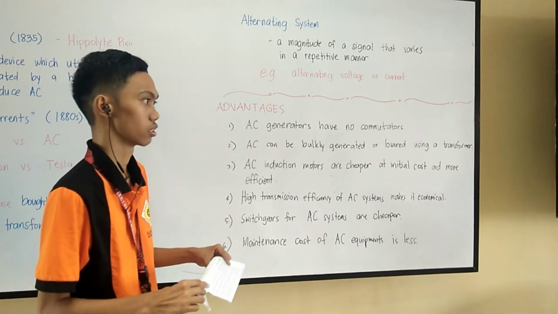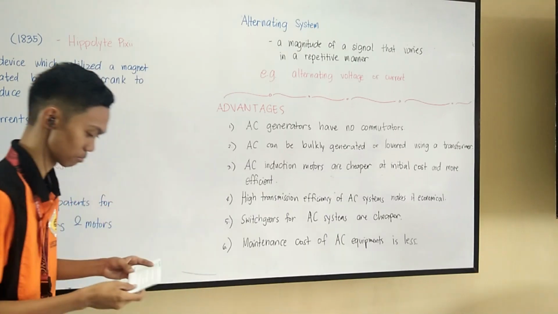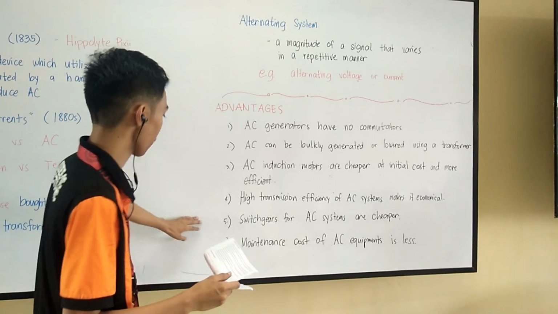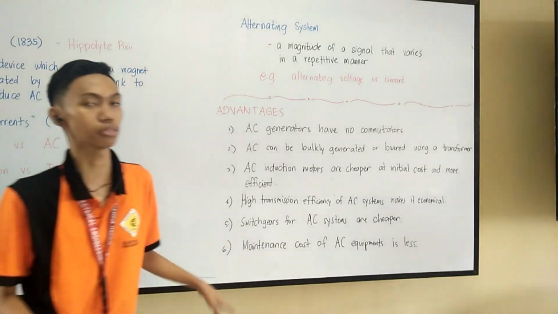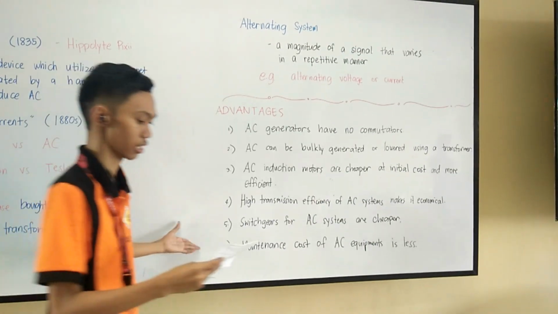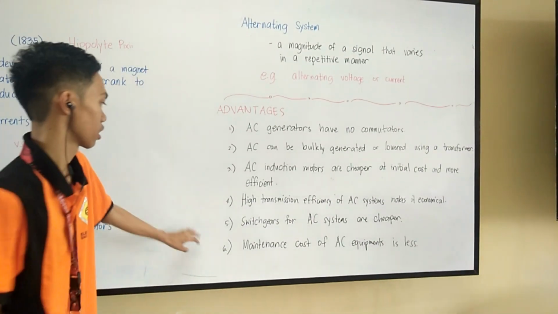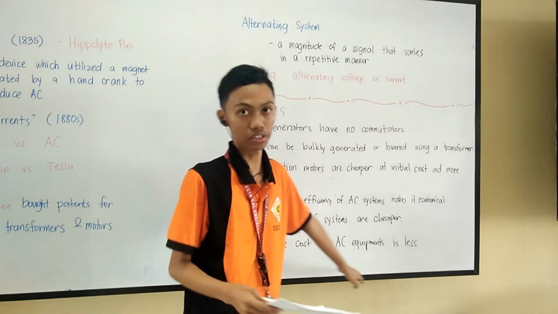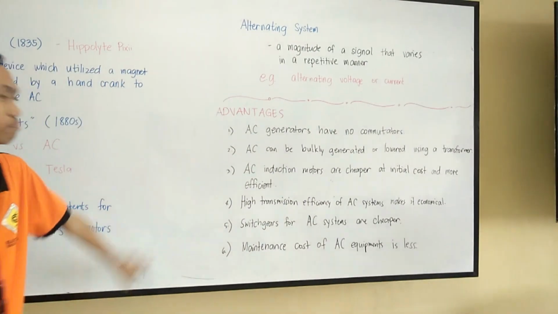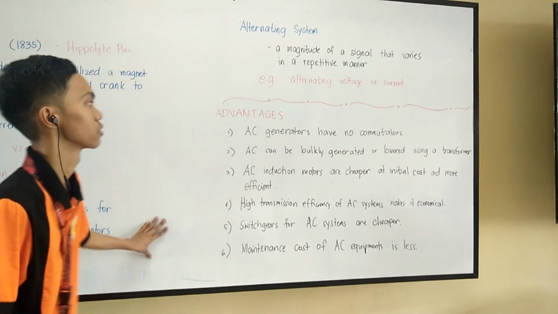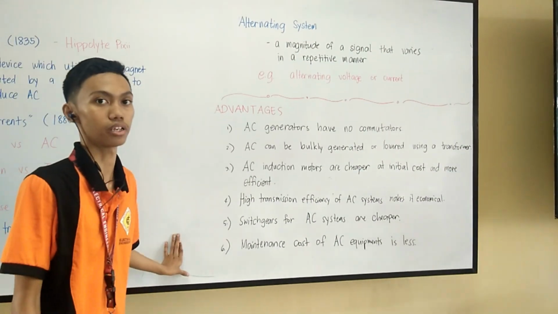Next, fifth, switch gears for AC systems are cheaper. Switch gears are those circuit breakers, switches, and so on. And the next is that the maintenance cost of AC equipment is less. So these are the 6 advantages, and the list goes on. These are the main 6 advantages of the AC system. That's it. Thank you.